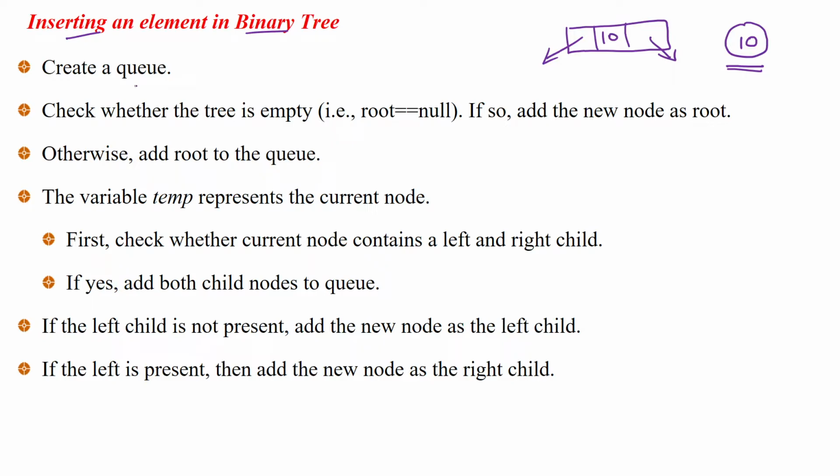Here, first we create the queue data structure, then we check whether the tree is empty or has any other nodes. If it is empty, the new node that is created is added as the root of the tree.